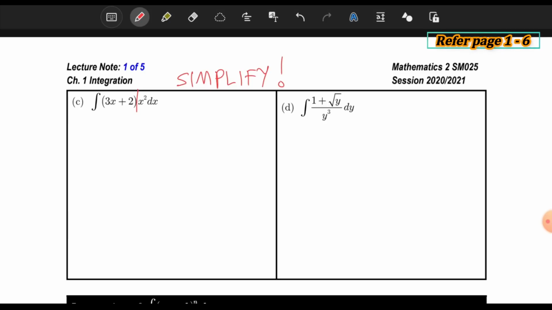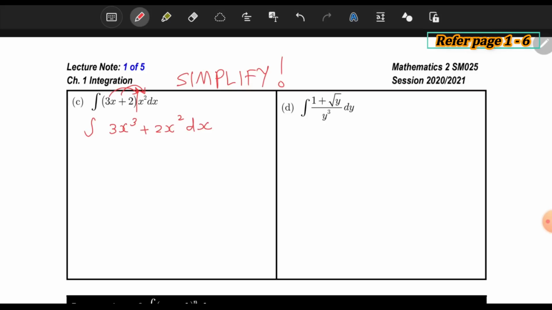Simplify first. Simplify and simplify. So we state the function in simplest form. And for this case, we can expand term by term. So we have integrate 3x cubed plus 2x squared dx.